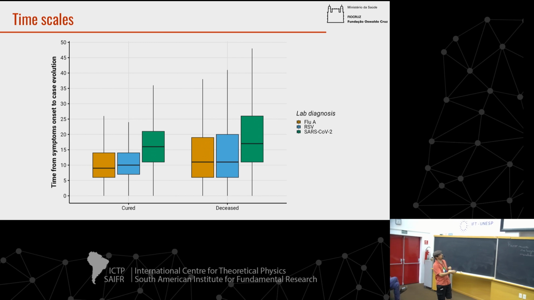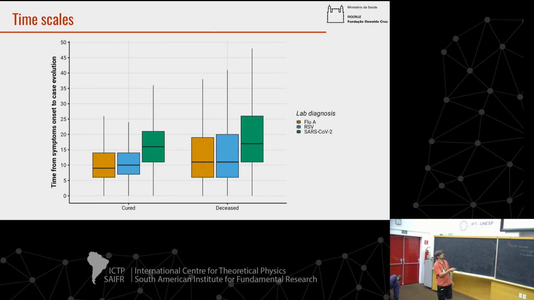So we have here for influenza A, syncytial virus, and SARS-CoV-2 SARI cases, the distribution of time from symptoms onset to case evolution. Remember, just SARI cases, so individuals that were either hospitalized or died. And you can see that we have more or less the same time frame for influenza and syncytial virus.